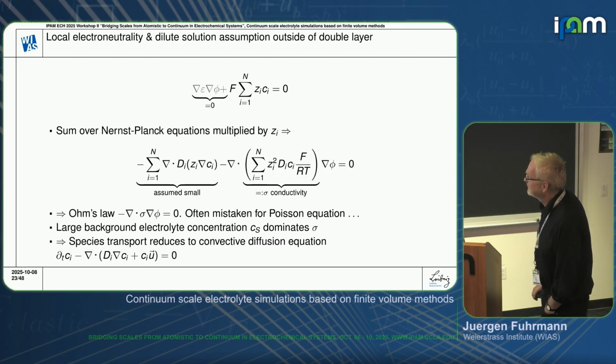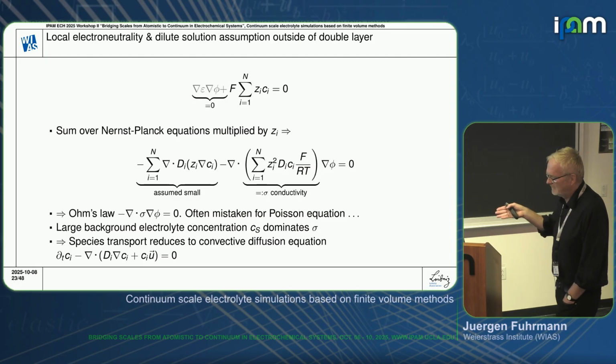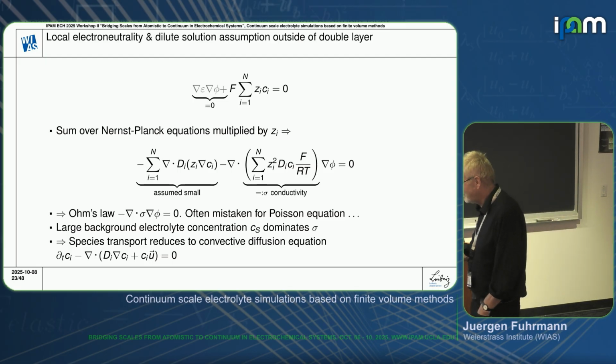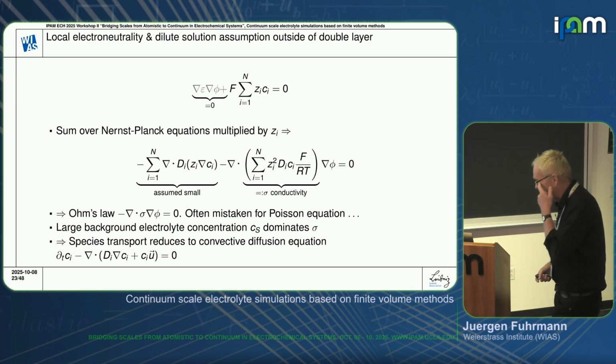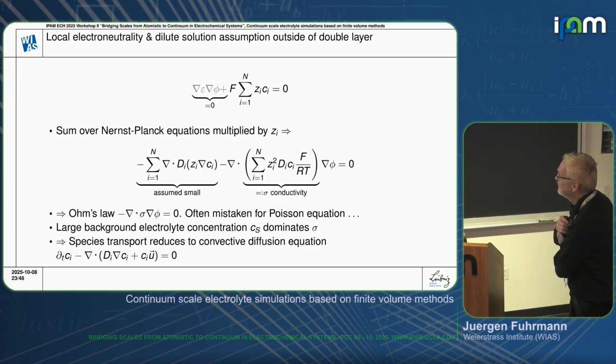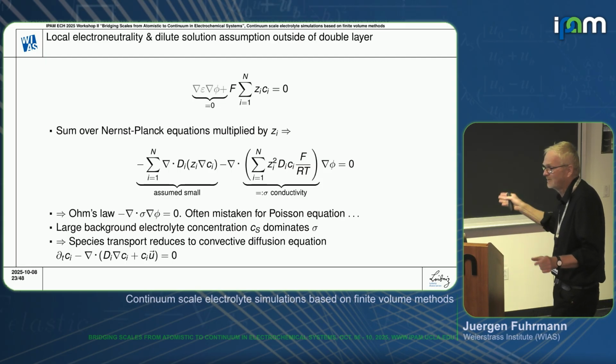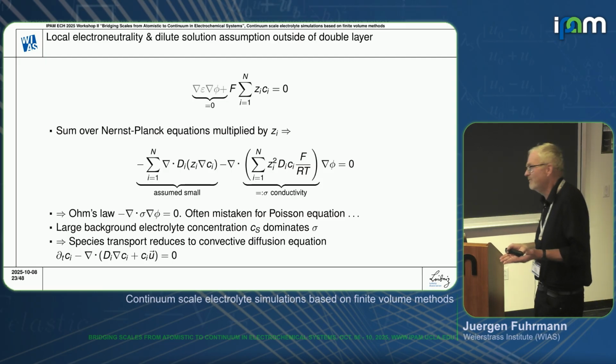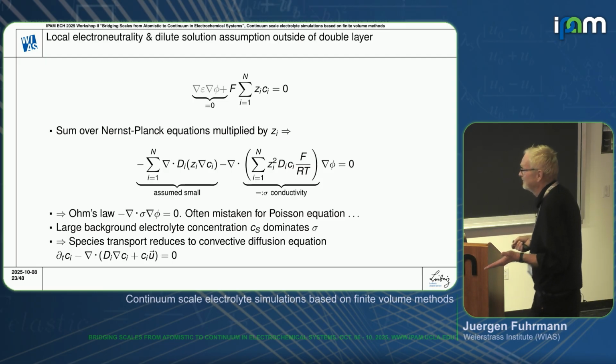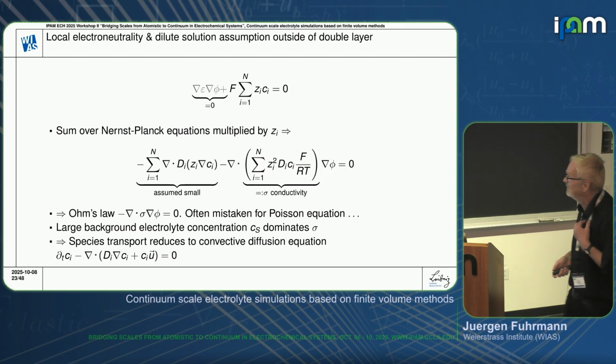But then, of course, if we look at the sizes of experimental devices which electrochemists use, everything which is happening in our polarization boundary layer is happening on a spatial scale which is much smaller than the device width. So it's nearly impossible to take this into account if one wants to solve this numerically.